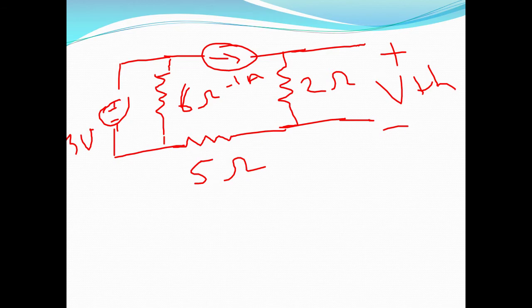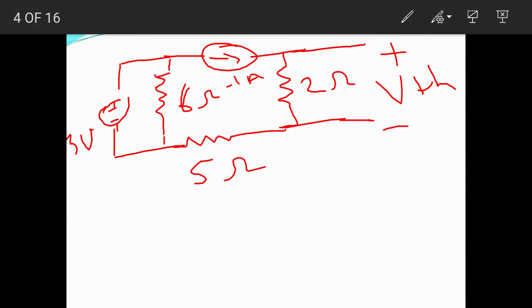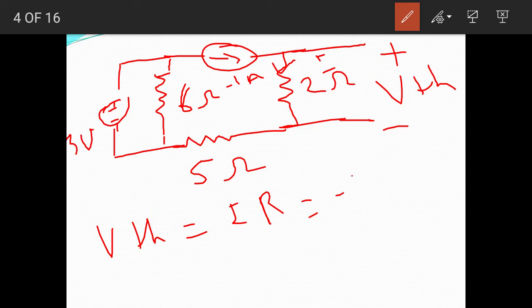VTH is the voltage across the open circuit terminals of the load. So VTH is equal to I into R. I is the current in the 2 ohm resistance, which is -1, and R is 2 ohm. So the value of VTH is -2 volt.